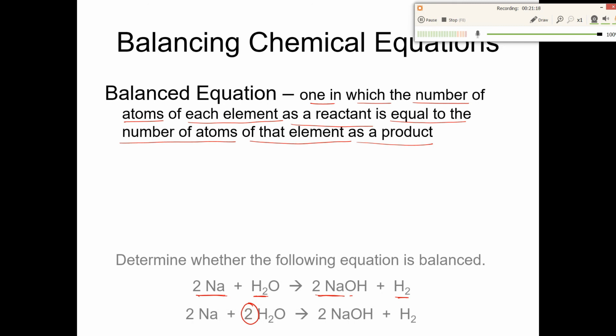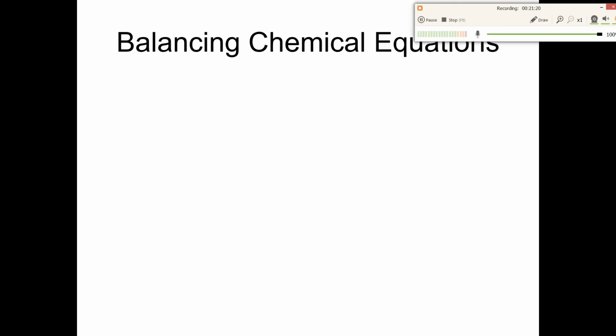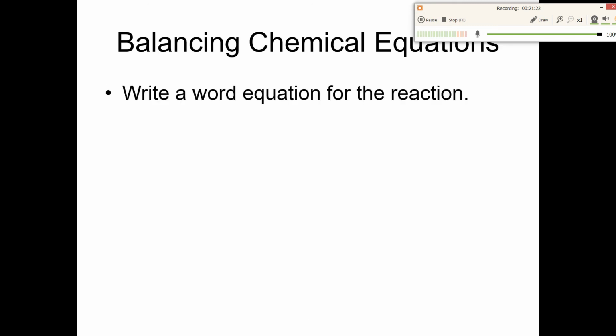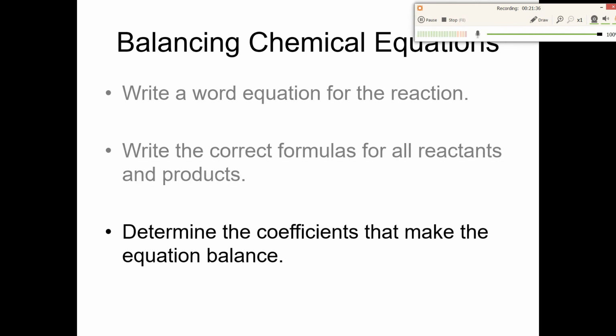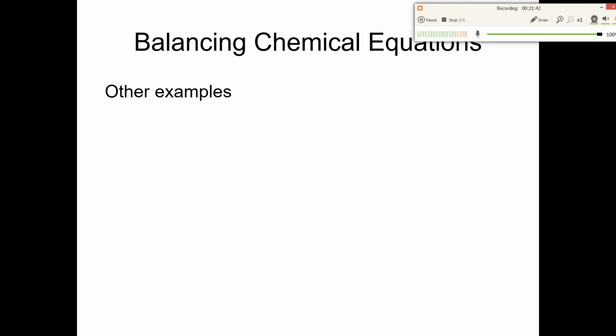Thus we can say that it is a balanced chemical equation. Whenever we balance chemical equations, we first write a word equation for the reaction, and we take care that the correct formulas of all the reactants and products are written. Then we determine the coefficients that make the equation balance.